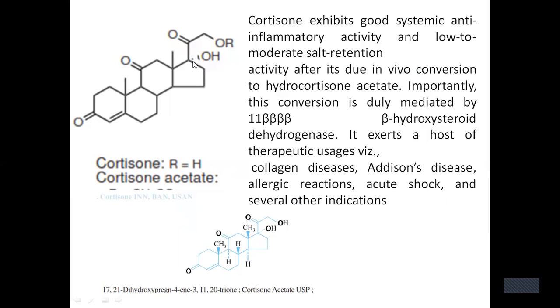So this is the 17th position and this is the 21st position, 18, 19, 20, 21. 17,21-dihydroxy pregn-4-ene, with 1, 2, 3, 4. Then we have 3, 11, 20, triketo.